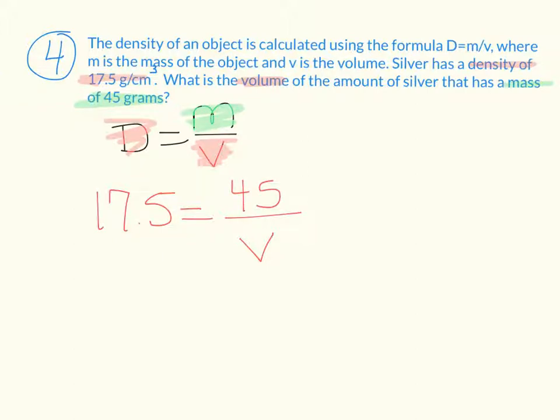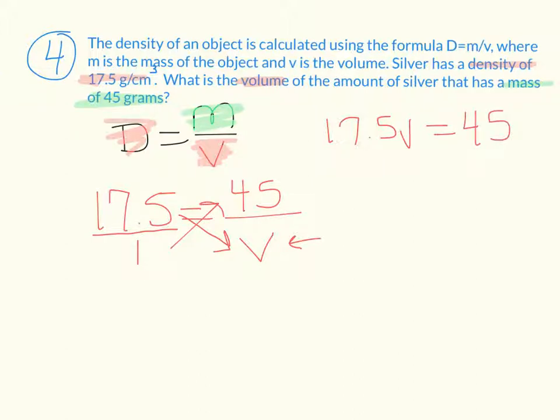So I'm going to go ahead and put 45 grams. All right. Now, the problem with this equation is our variable is in the denominator, okay? If I divide by 45, my volume is still in the denominator. So the easiest way to solve this is make them both fractions. Okay? And this should look familiar because now it's a proportion. So now I can take and multiply 17.5 times V, and then I can take 1 times 45 and I get 45.